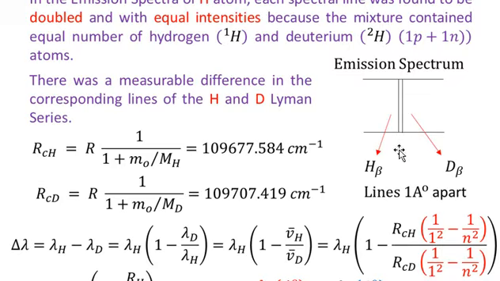If you talk about the H beta and D beta lines of the Balmer series, you will notice that the two lines in the emission spectrum will be separated narrowly by one angstrom, and this is due to the change in the nuclear mass of the deuterium with respect to that of the hydrogen atom.